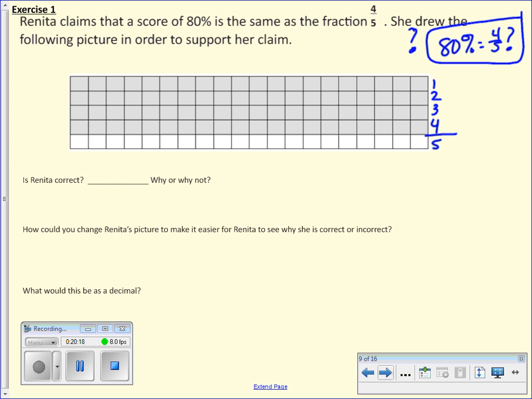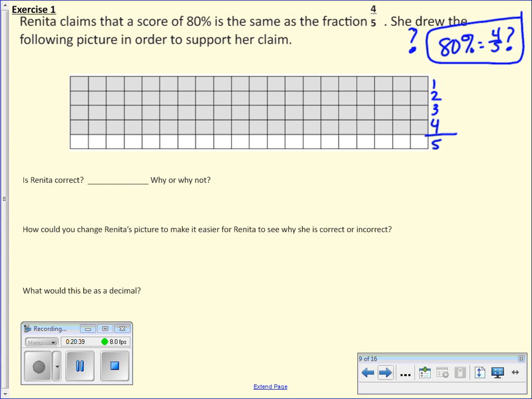It does, but back it up a step. Make it simpler. Because it's what? Because it's what, Lauren? Yeah, 4 out of 5. 4/5 means 4 out of 5. So she shaded 4 out of 5. And we were able to see that our constant was what?